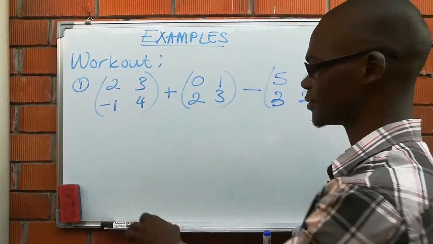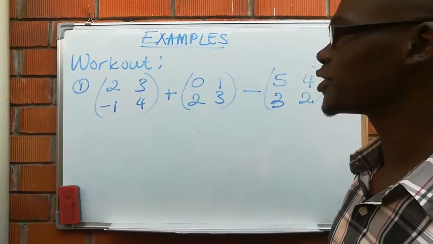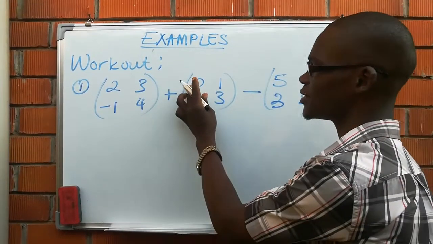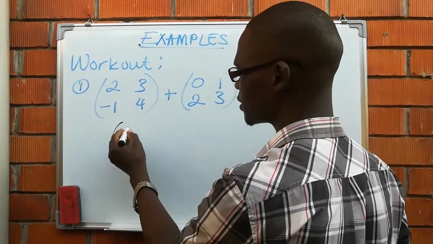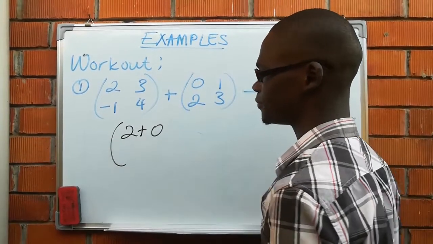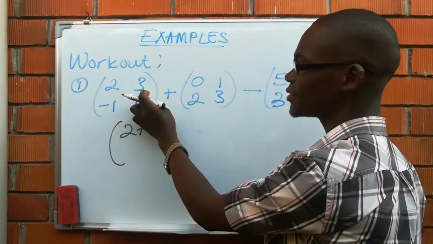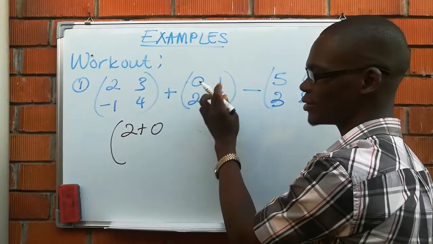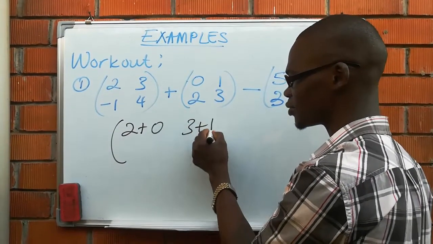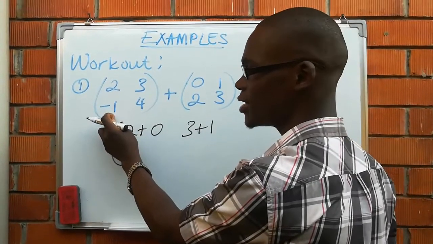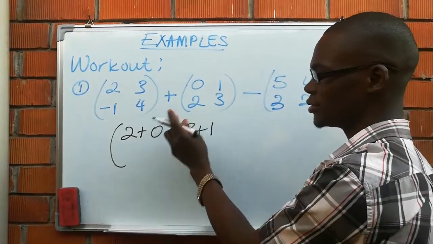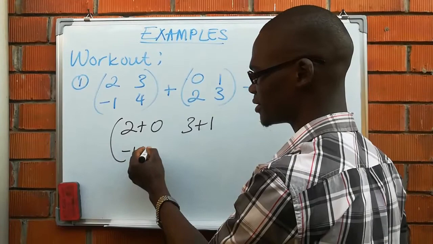For instance, the 2 corresponds with a 0, so that gives us 2 plus 0. And 3 corresponds with 1, which gives us 3 plus 1. Negative 1 corresponds with 2, which gives us negative 1 plus 2.